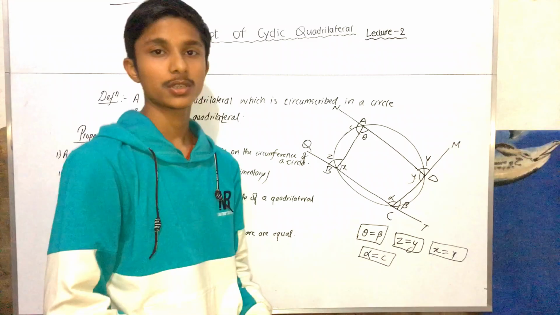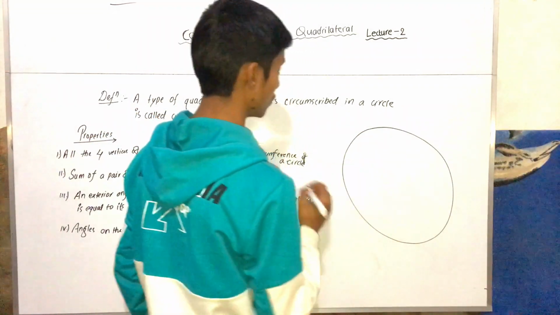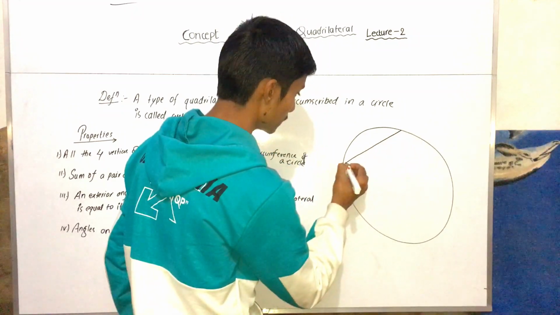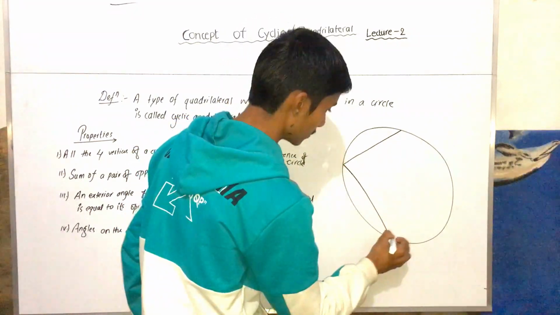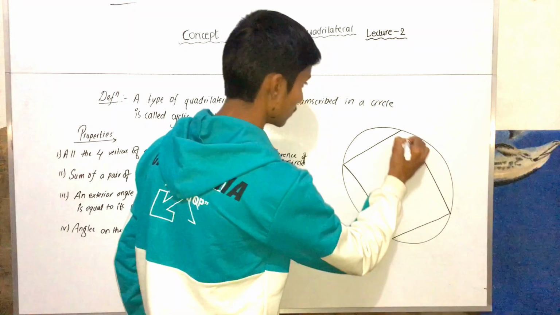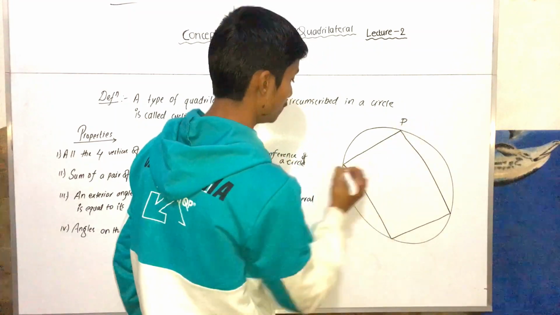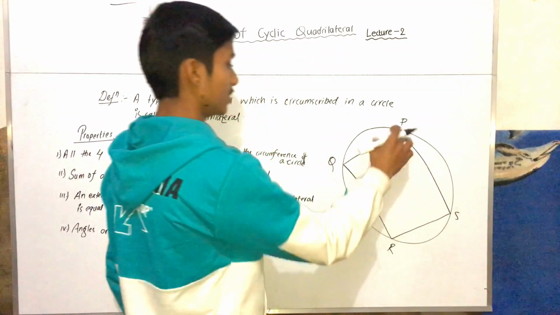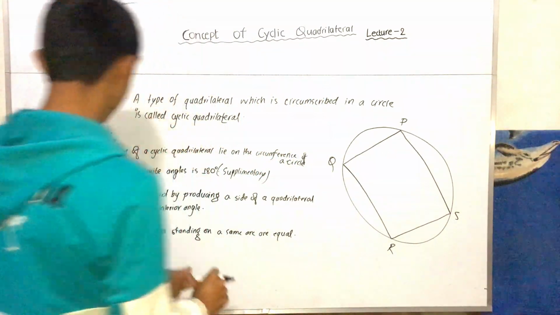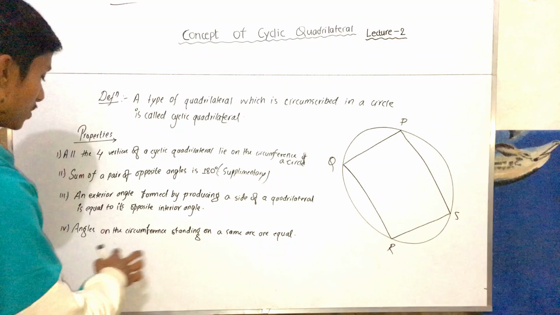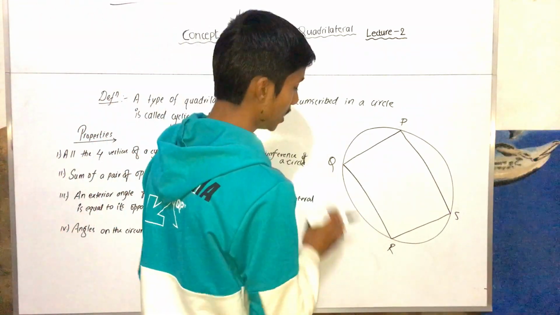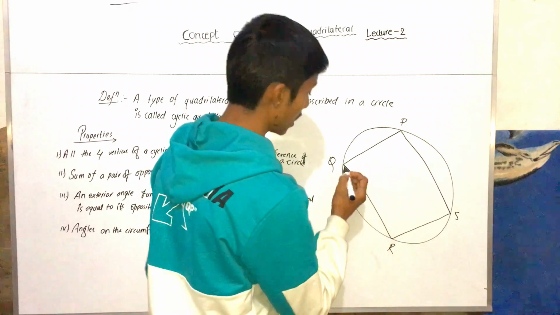Let me make a new circle. Suppose this is a circle. Then according to this property, if PQRS is a cyclic quadrilateral, angles on a circumference standing on the same arc are equal. Let QR be an arc.